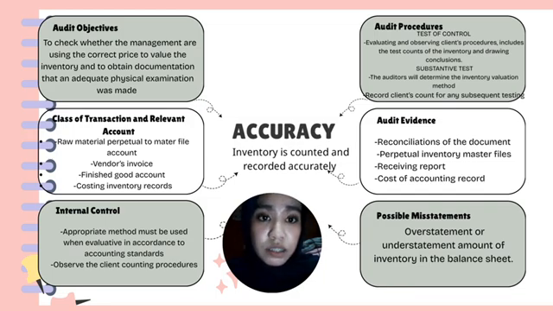For the substantive test, the auditors will determine the inventory valuation method and record the clients' count for any subsequent testing. Audit evidence: the first one is reconciliation of the documents. Next is perpetual inventory master files. Next is the receiving report. And the last one is cost accounting records. For the possible misstatement, it is overstatement or understatement of the amount of inventory in the balance sheet.